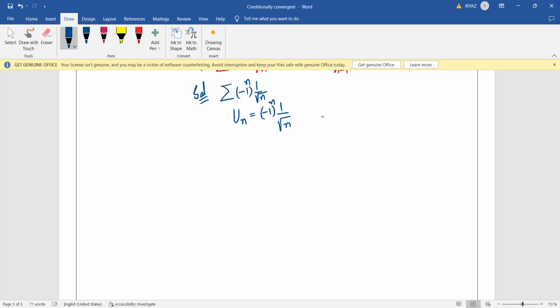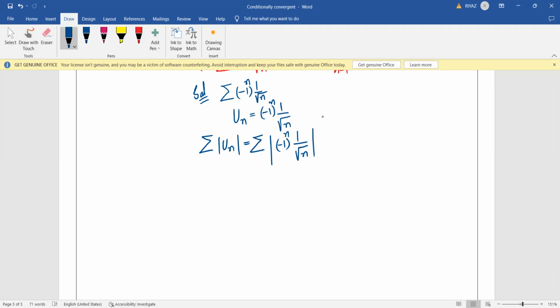Summation mod un is nothing but summation of 1 by root n, the modulus value of (-1)^n into 1 by root n.